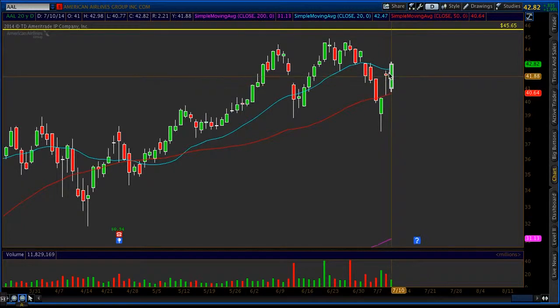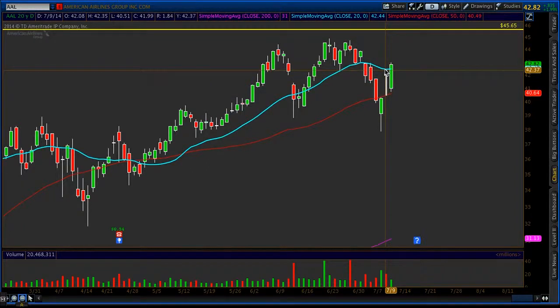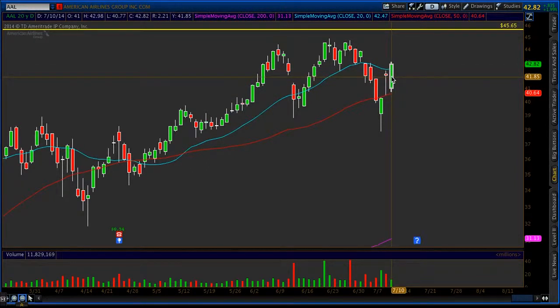Nice move up. This closed above the 20-day moving average. This is a $42 stock, American Airlines, closing at $42.82. I've worked up a level on this one, $45.65. I'll show you how I got that level.